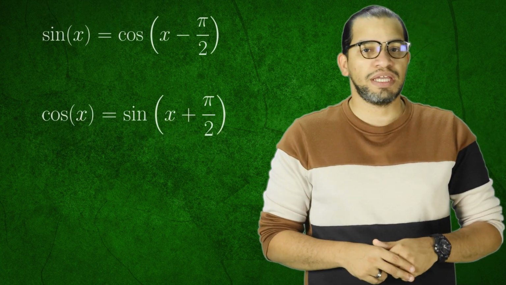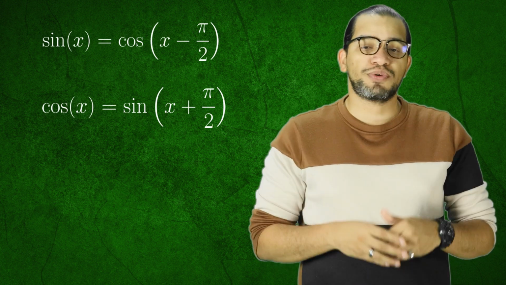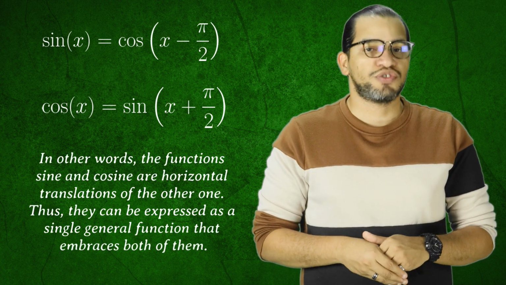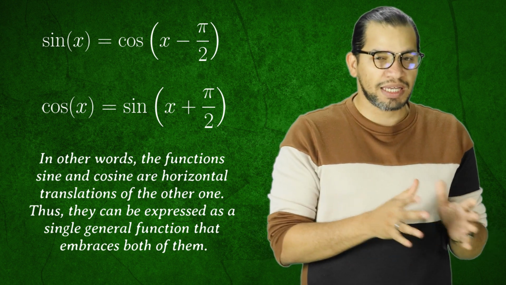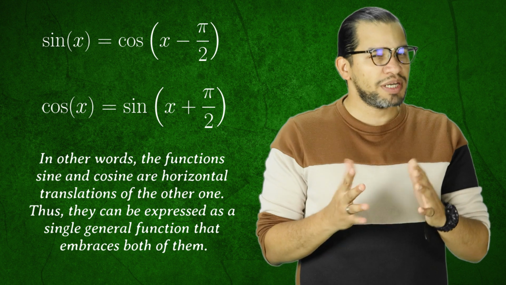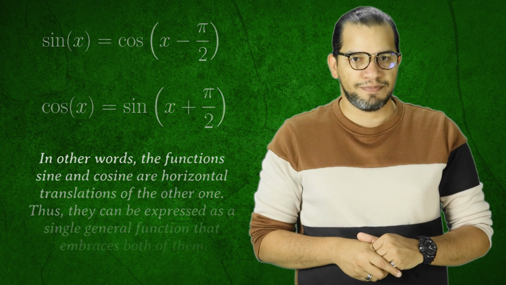As a matter of fact, both the functions sine and cosine satisfy the following equations, which represent horizontal translations. Thus, we can say that both sine and cosine have pretty much the same behavior.